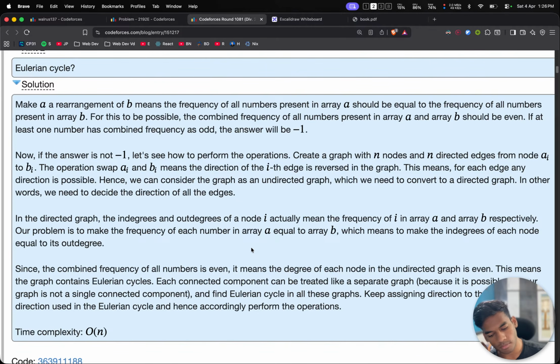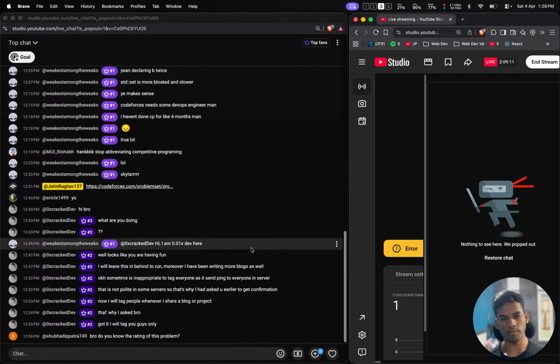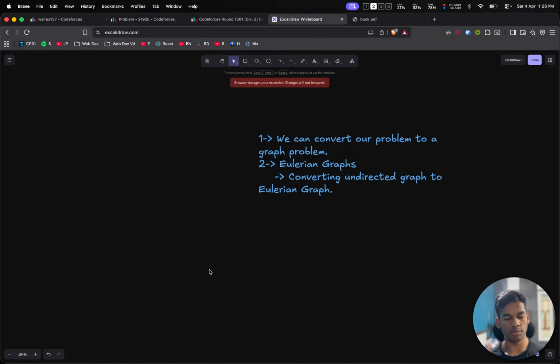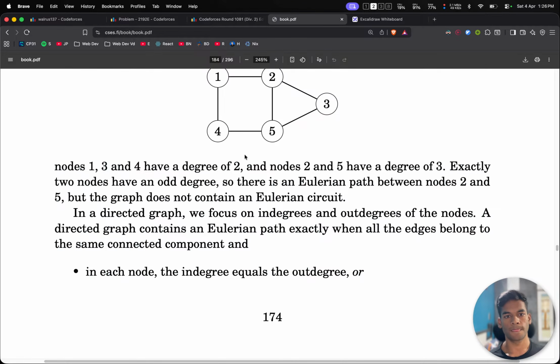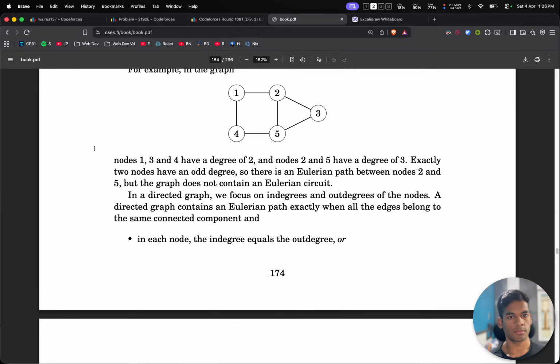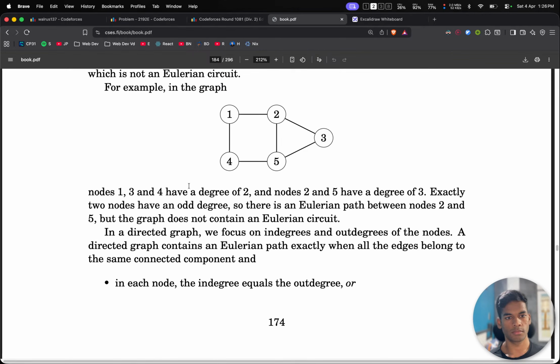Okay, it makes some sense in a subconscious way. For example, in the graph, nodes 1, 3, and 4 have a degree of 2, and nodes 2 and 5 have a degree of 3.